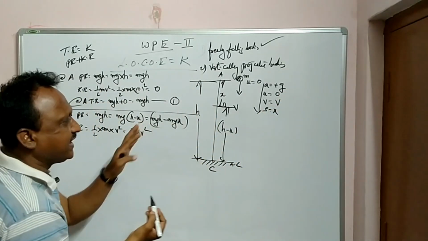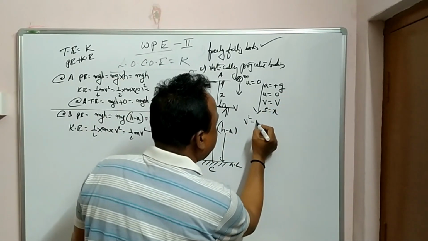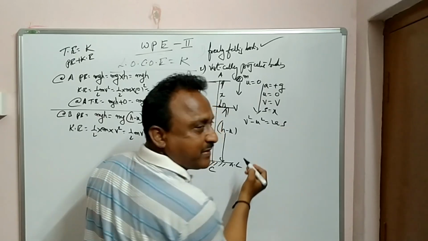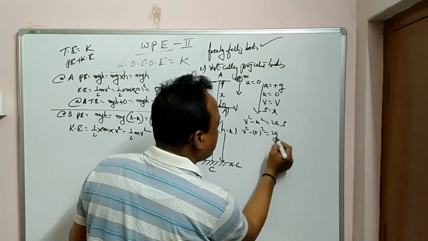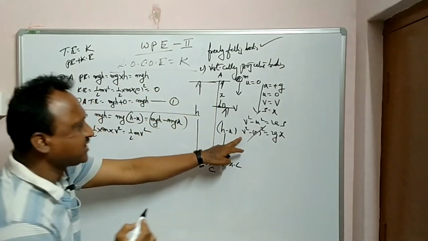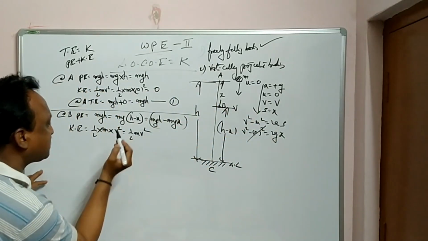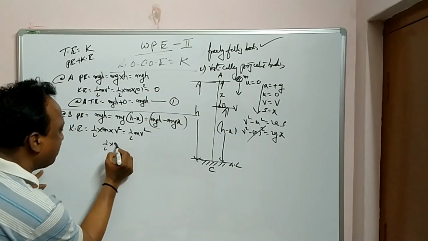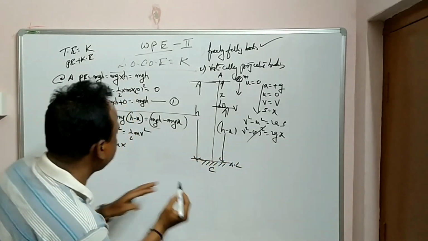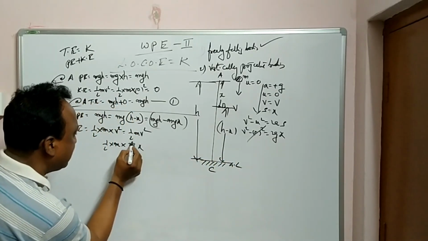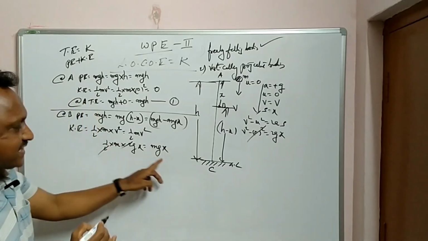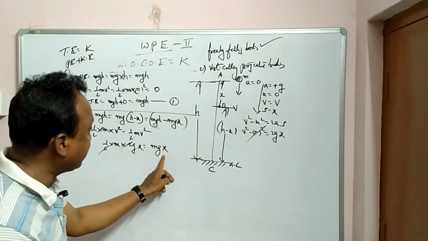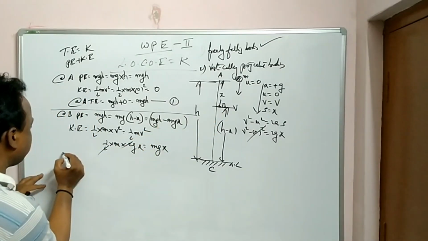Substitute all these in the kinematic equation, v square minus u square is equal to 2as, or v square minus 0 whole square is equal to 2gx. So v square ఎంత వచ్చింది మనకి 2gx. So substitute here, half into m into 2gx. 2 gets cancelled, ఏం మిగిలింది మనకి mgx. So what is kinetic energy at point B? mgx.